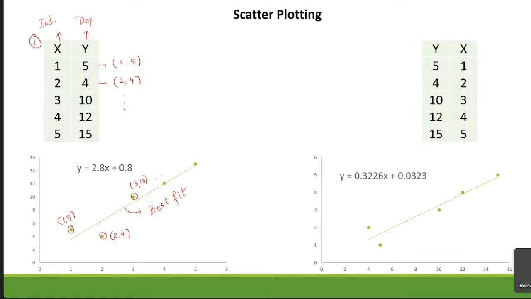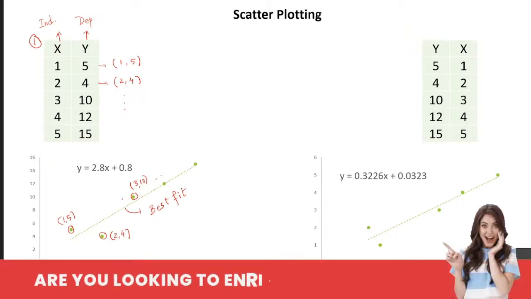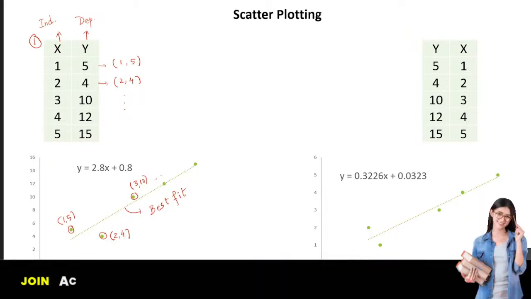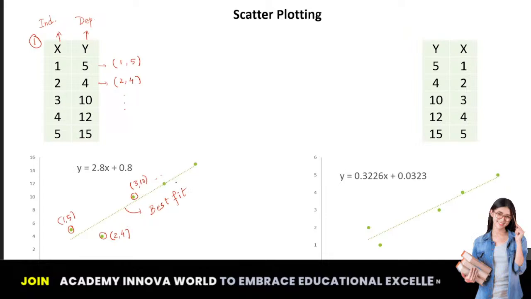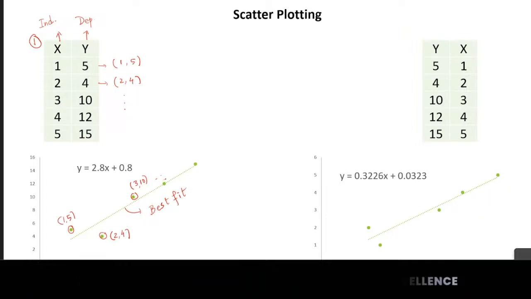Since it is a straight line, we say it is a linear regression. So we have to form a straight line which is the best fit according to these points. What best fit means: roughly, the same number of points is situated on the upside of the straight line and almost the same number of points on the downside of the straight line. Some points may also be on the straight line like this.